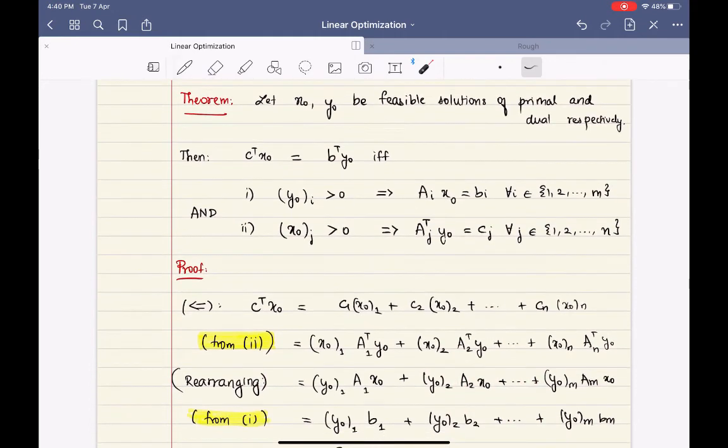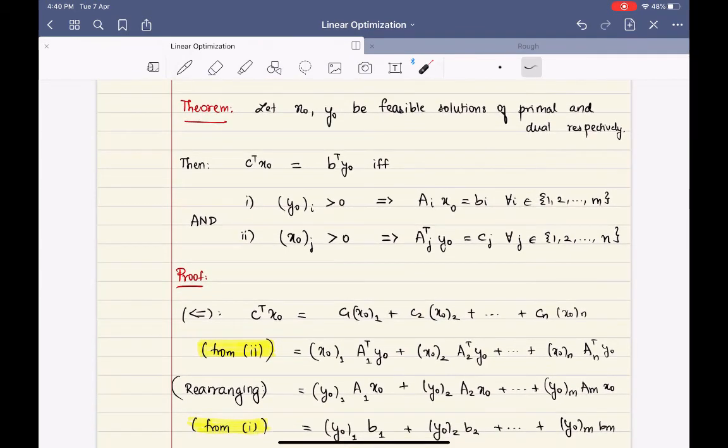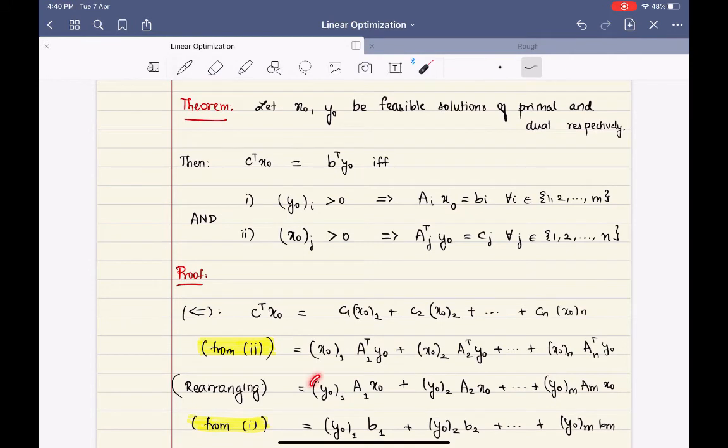Now we can use this condition. So what does this say? This thing is either bigger than 0 or equal to 0. When it is strictly bigger than 0, this thing is equal to bi. So this helps us rewrite this sum as y01b1 plus y02b2, and so on.